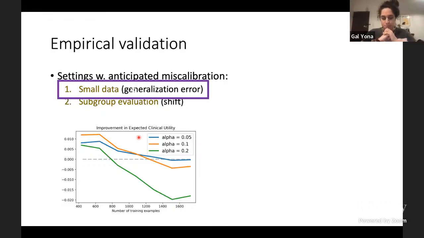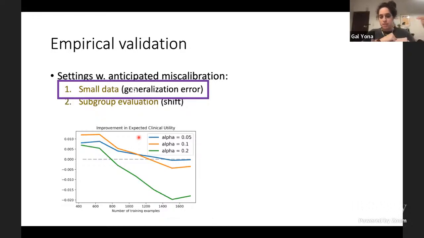Okay, and what you should take away from this graph is basically that when the number of training examples is small, the predictor that you end up learning really is somewhat miscalibrated. So it's a good idea that you're hedging your bets and using this conservative threshold J. And indeed, there's an improvement in the clinical utility.